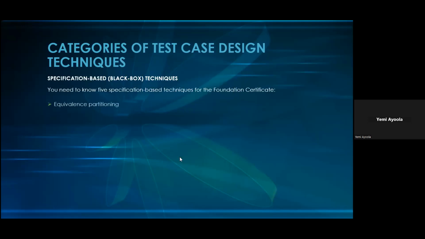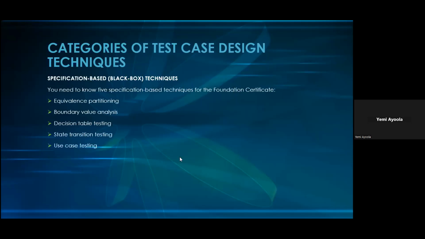The first one, equivalence partitioning, BVA, boundary value analysis, decision table testing. We talk about state transition testing, use case testing. These are the five that you need to know in terms of specification based. I'm going to explain one after the other with examples.